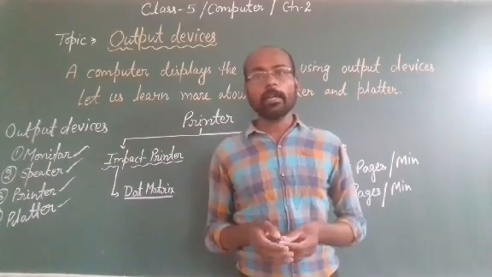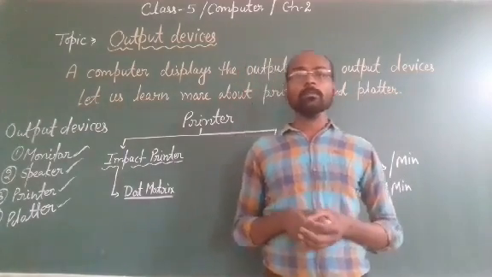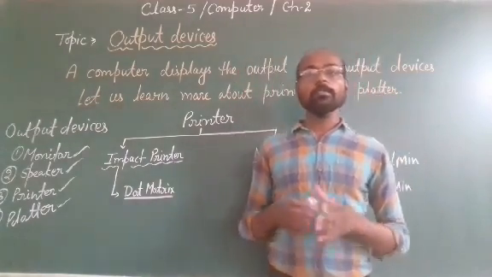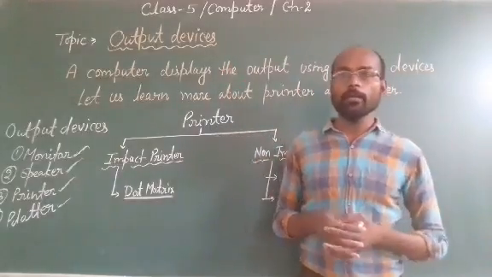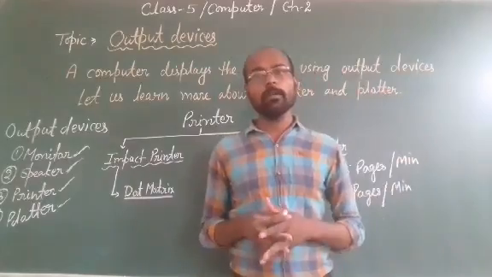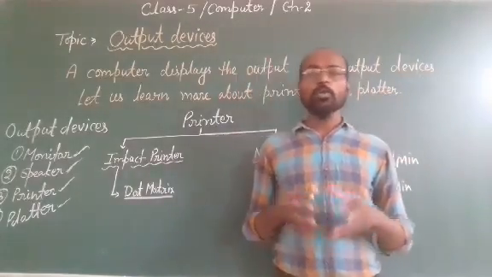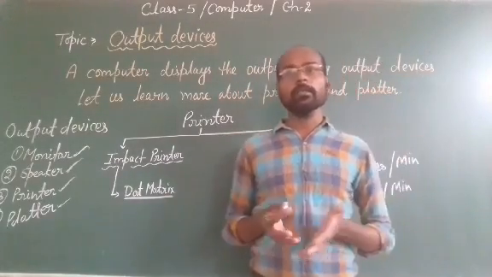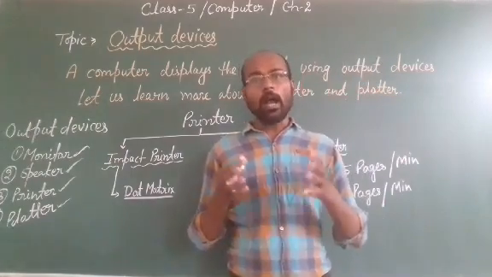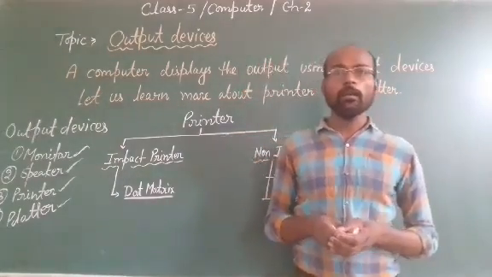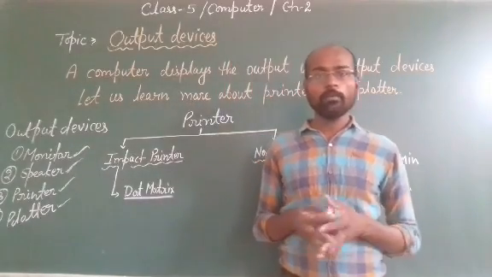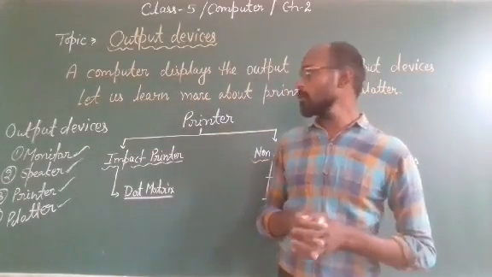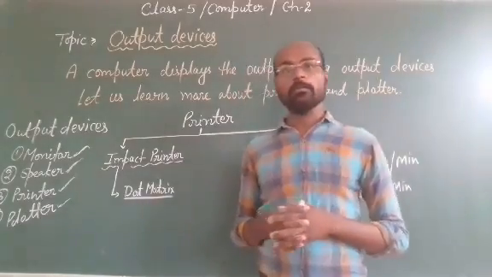It is the most expensive among the three kinds of printer. Laser printers are commonly used in big organizations where hard copies are required on a large scale. Clear everyone? Now the next is plotter.